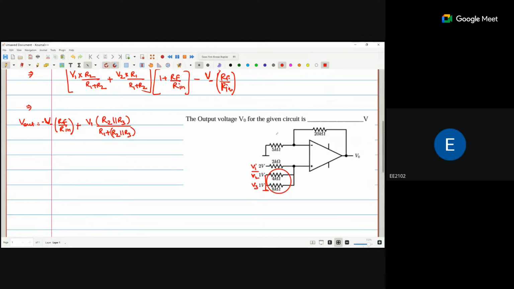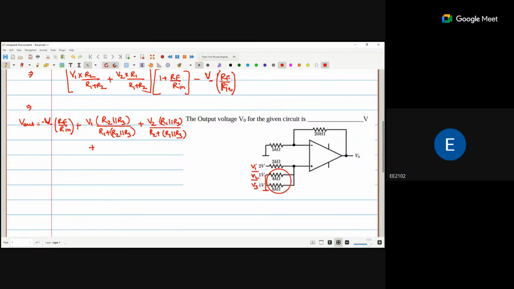Plus, when we consider V2, R1 and R3 will be in parallel, so R1 parallel with R3 divided by R2 plus R1 parallel with R3.